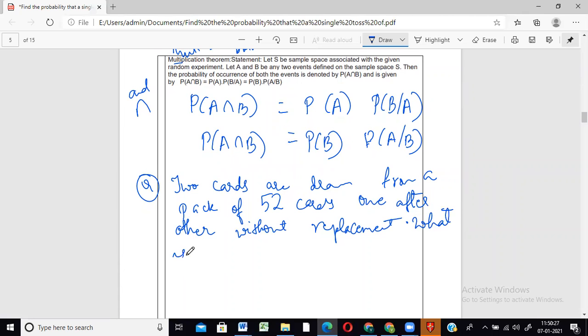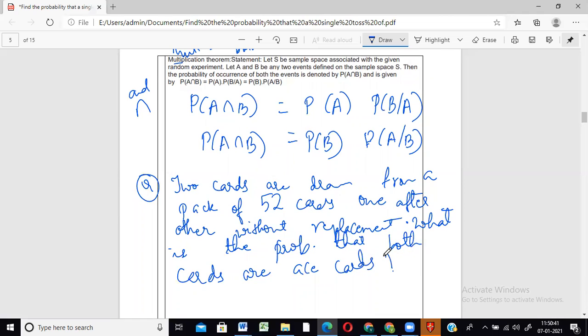What is the probability that both cards are ace cards?